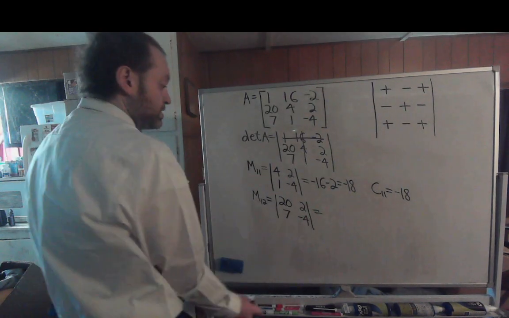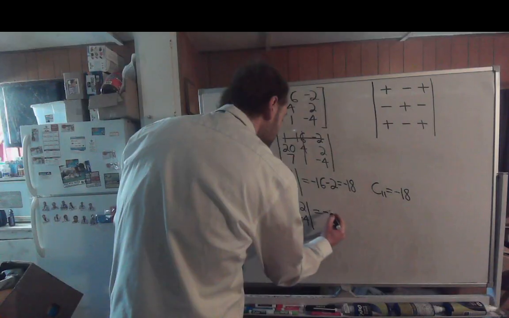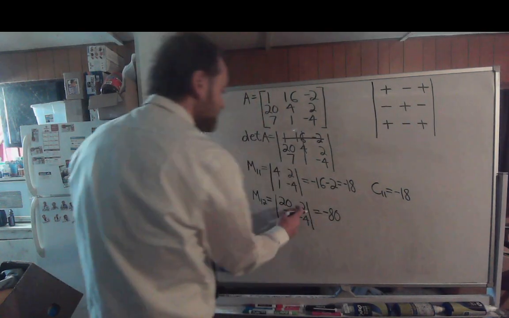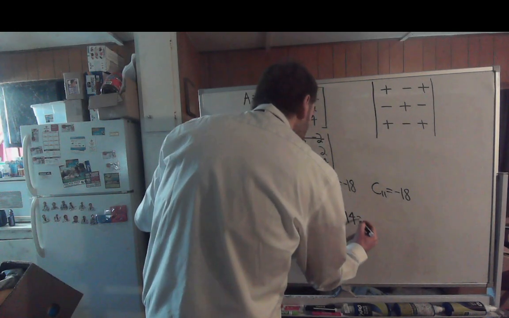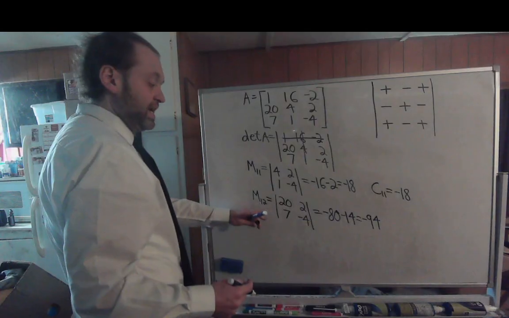So 20 times negative 4 is negative 80. Minus 2 times 7, that'd be also minus 14, which would end up giving you negative 94 for your minor. So minor 1, 2 is negative 94.